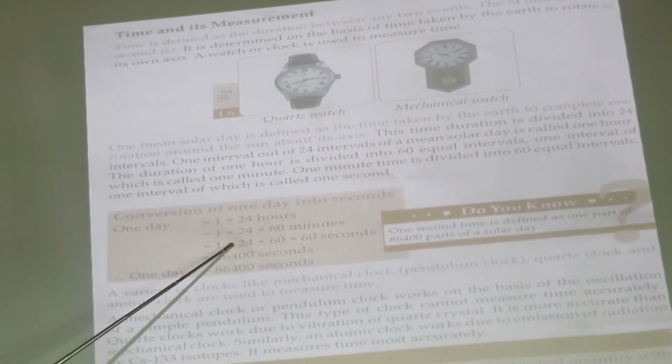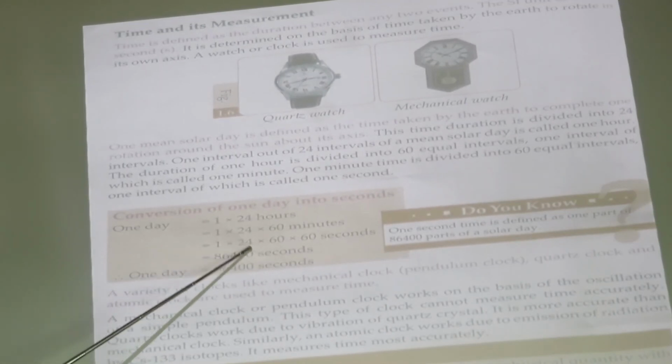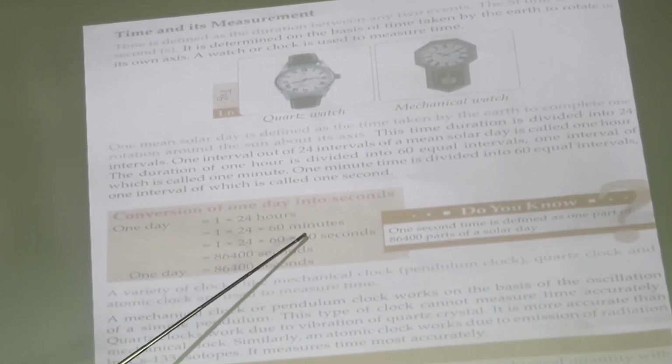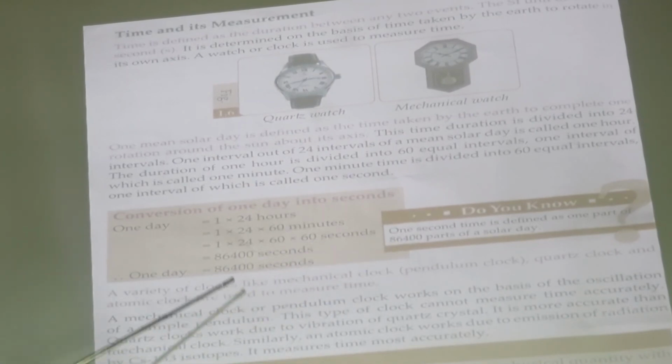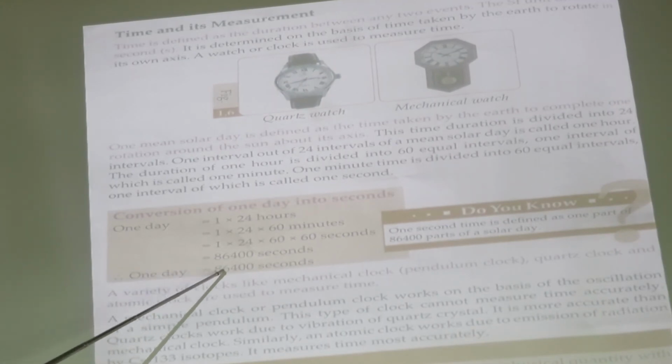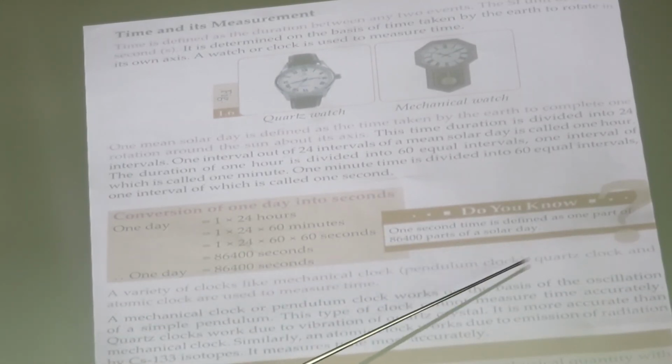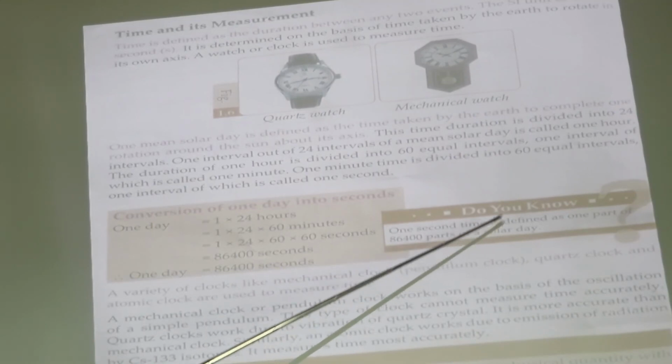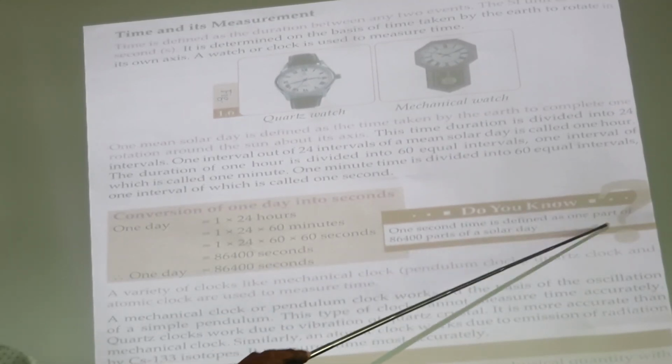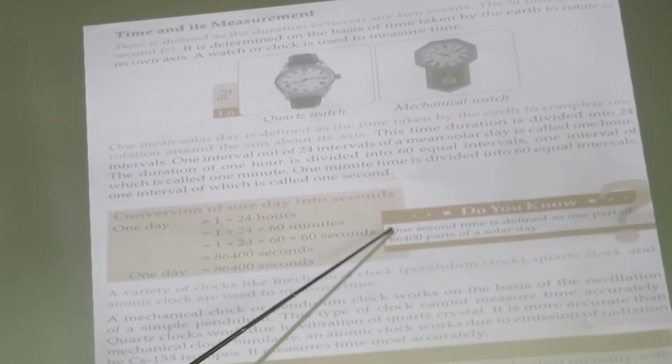So 1 multiplied by 24 multiplied by 60 multiplied by 60 seconds is equal to 86,400 seconds. So 1 day is equal to 86,400 seconds. Here is a note: 1 second is defined as 1 part of 86,400 parts of a solar day.